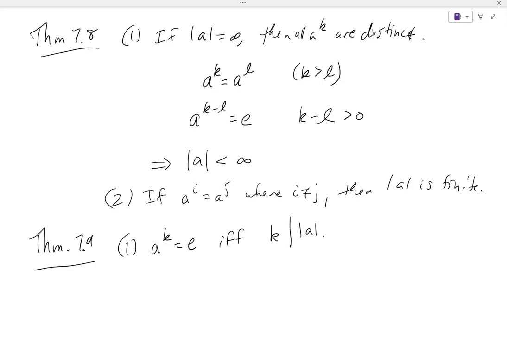The first one says that if you raise an element to a power and you get the identity, the only way that could have ever happened is if the number that you use divides the order. Notice it doesn't say it's equal to, it just says it has to divide the order. Okay? That makes sense, I think.